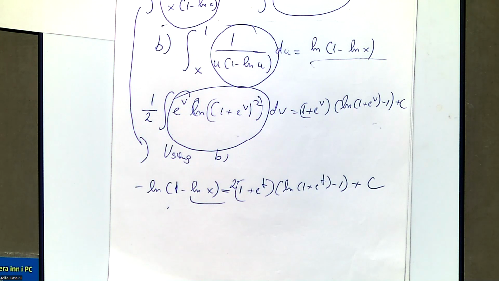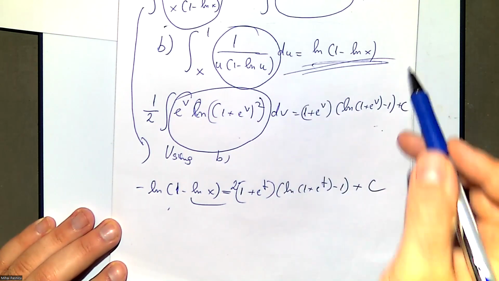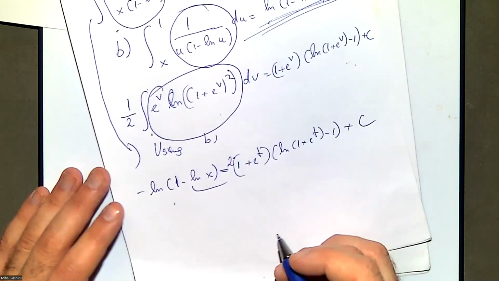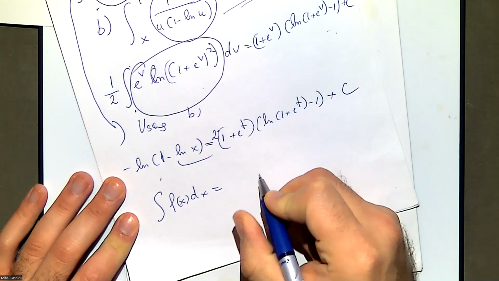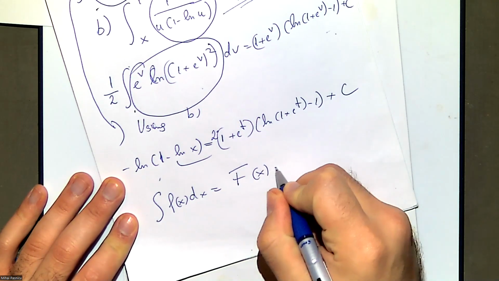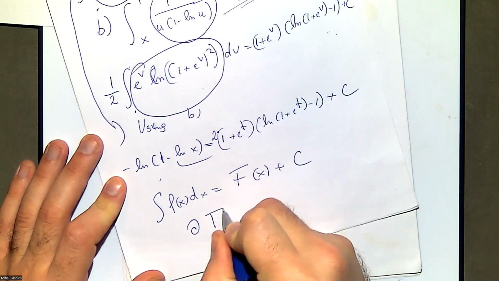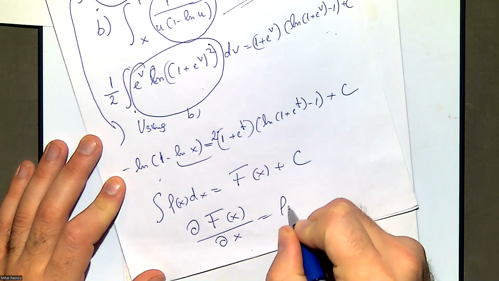And now I got this interesting question at the end of the lecture. Sure, this is an indefinite integral, and by definition, integral of small f of x dx is equal to big F of x plus a constant, right? That's the definition. And the property is that the derivative of big F of x with respect to x is small f of x.